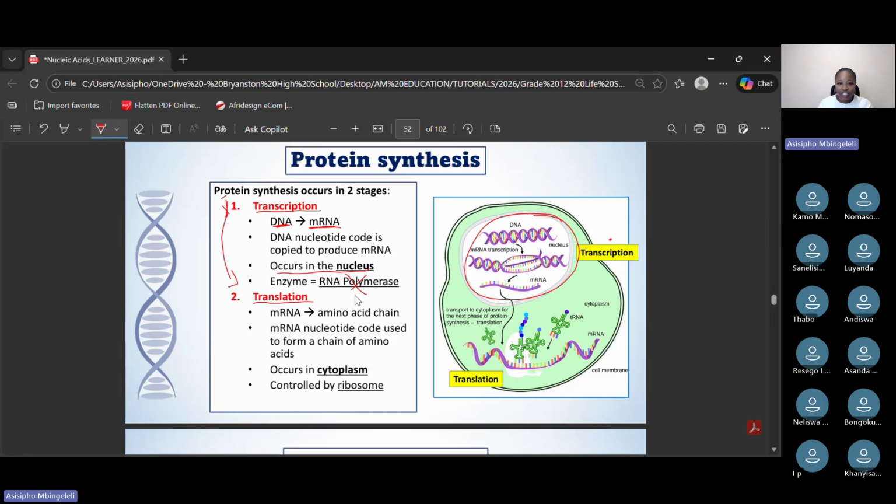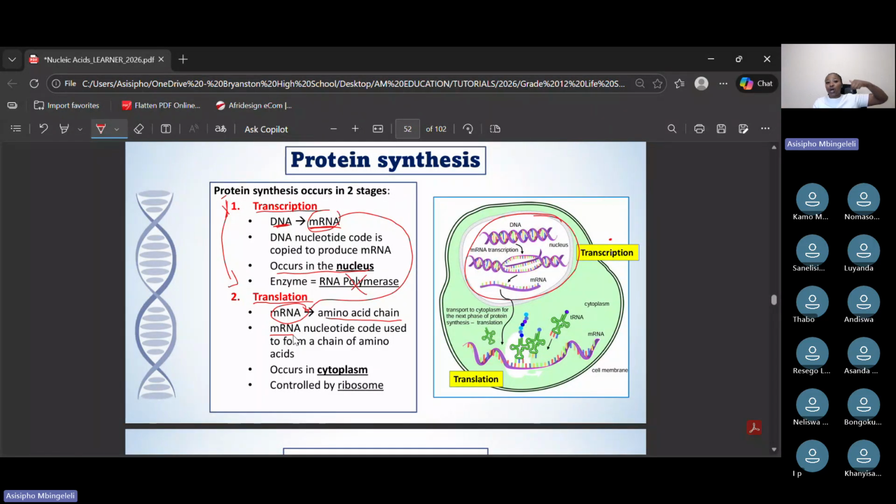Then the second stage is translation. Once the messenger RNA is formed, there it is over here. Remember I said step 1 needs to take place before step 2. Now, once the messenger RNA is formed, we are going to use that to form a chain of amino acids. And once we form the chain of amino acids, remember, if you have a minimum of 50 amino acids, you then have your protein.